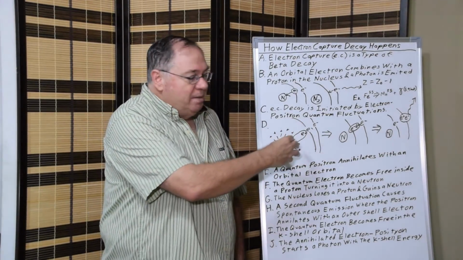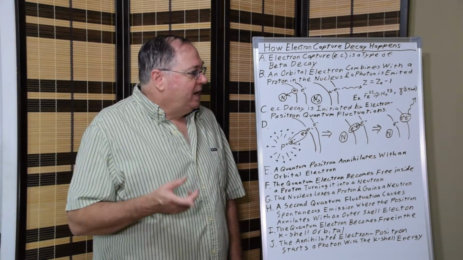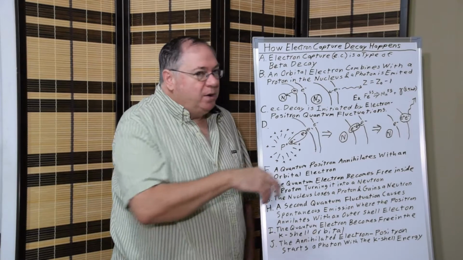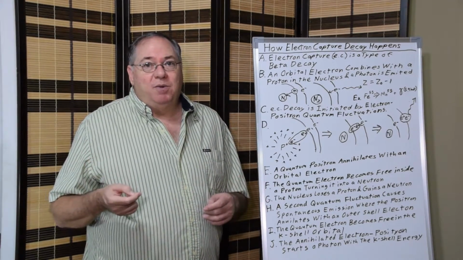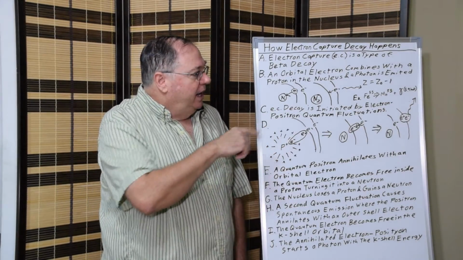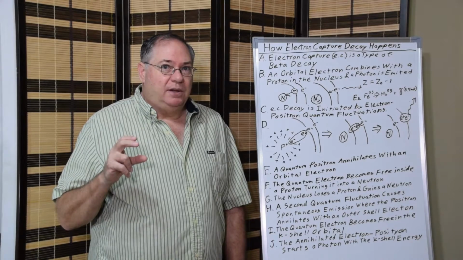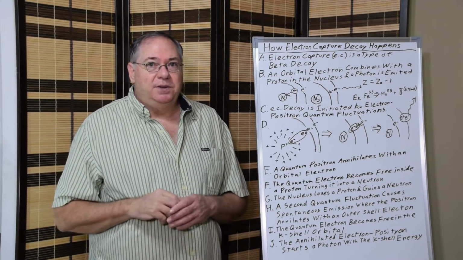And this quantum tunneling is how it happens. And then in the second case, the energy of the quantum fluctuation ends up going back into the quantum field, and only the excess energy of the orbital shell energy is what's left. And that gets turned into a photon.